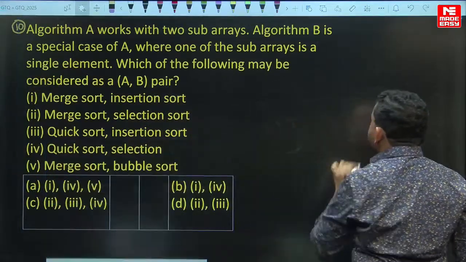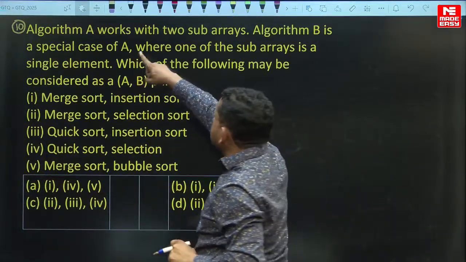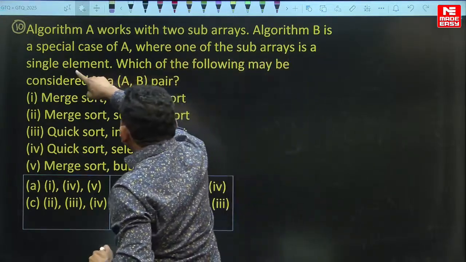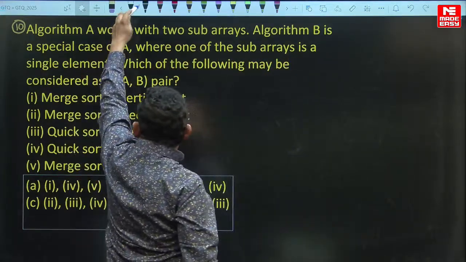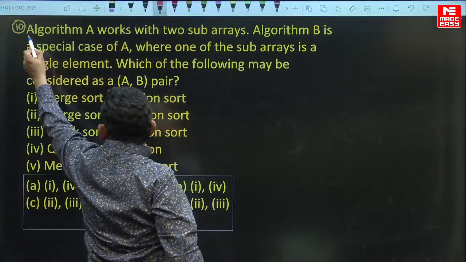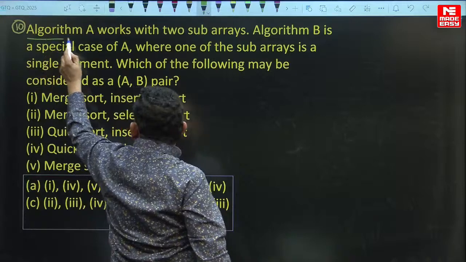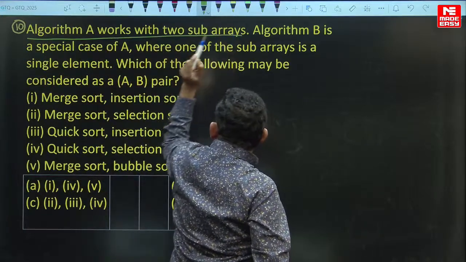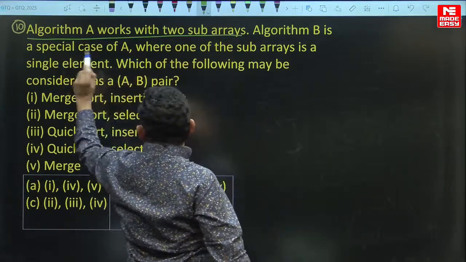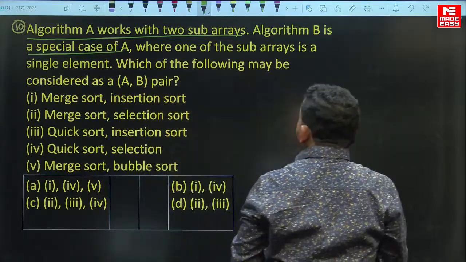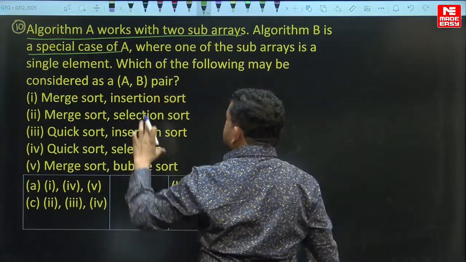There are 4 statements given in this question. Algorithm A works with 2 subarrays, and algorithm B is a special case of algorithm A. That means algorithm A is a fully divide and conquer algorithm, and algorithm B is a special case of algorithm A, working with a single element.